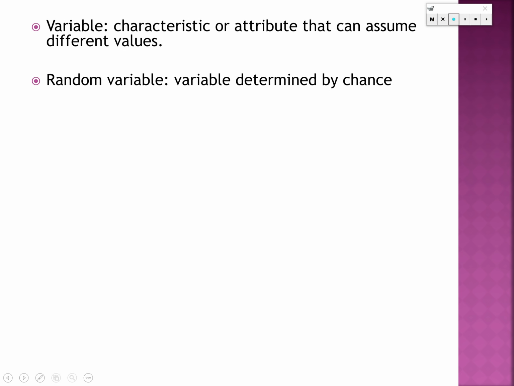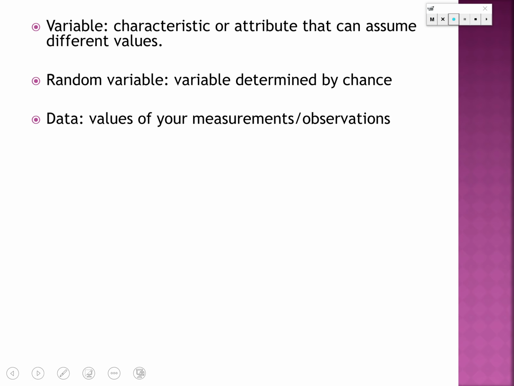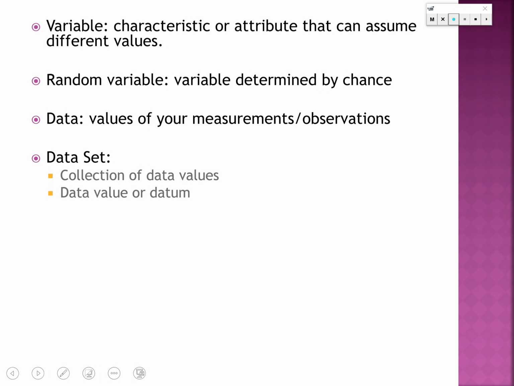A random variable is one that is determined by chance. If we're talking about data, or data, whichever way you like, these are the values of your measurements or observations. That's where your data comes from. If you have a data set, that's a collection of data values. Each data value could also be referred to as a datum.